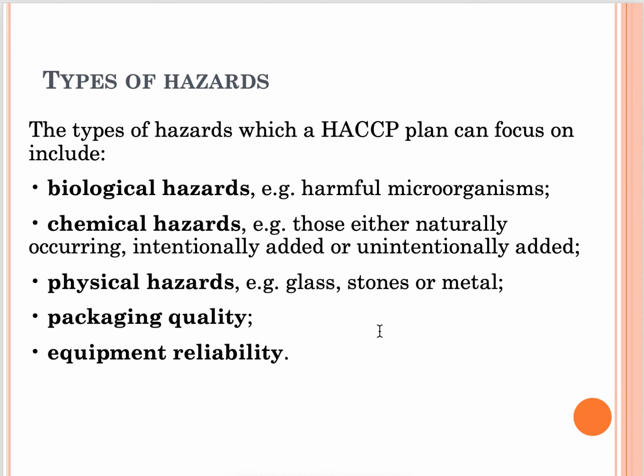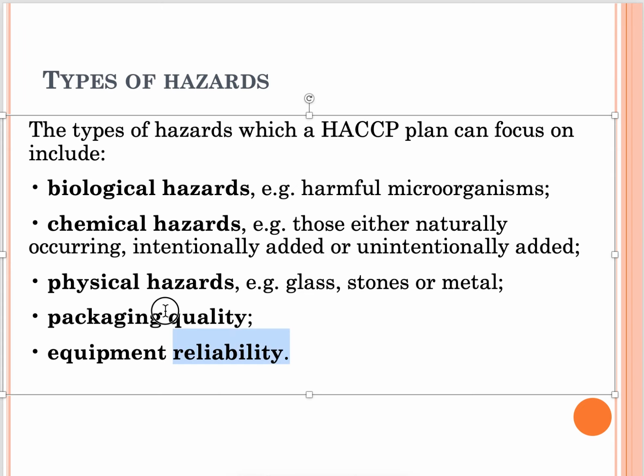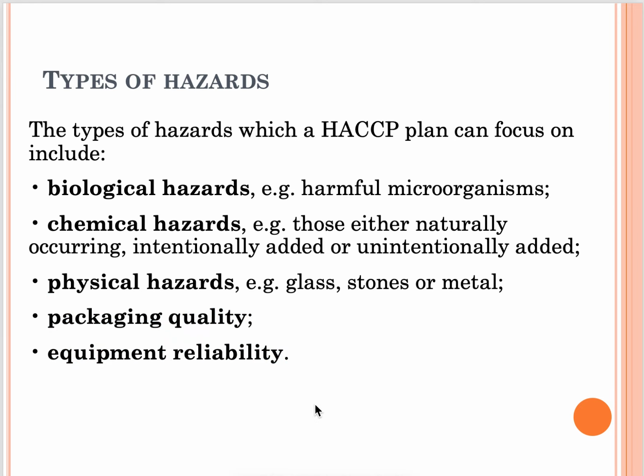There are different types of hazards, such as biological hazards, for example harmful microorganisms; chemical hazards, for example those either naturally occurring or intentionally or unintentionally added; and physical hazards such as glass, stones, metals, packaging quality, equipment reliability, etc. Basically biological, chemical, and physical are the hazards, and if packaging quality and equipment reliability are not proper, they increase the risk that the food may contain these hazards even after proper processing.